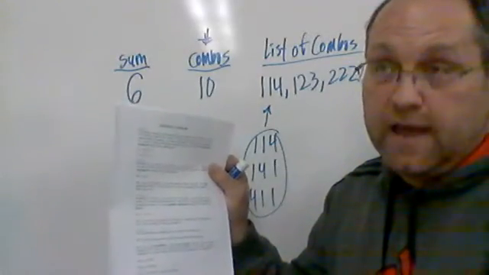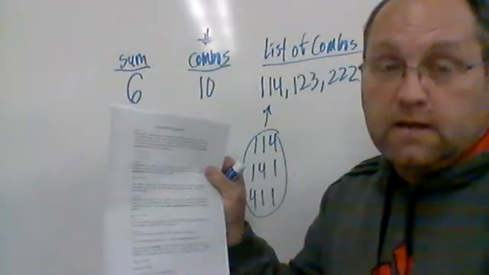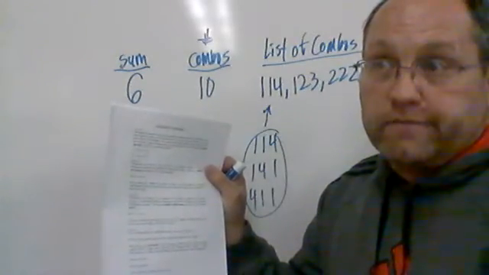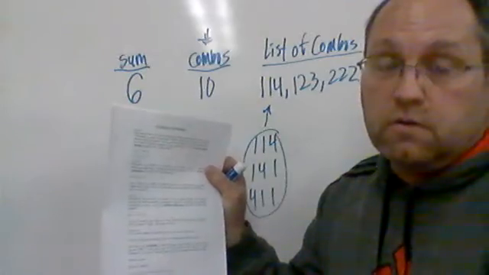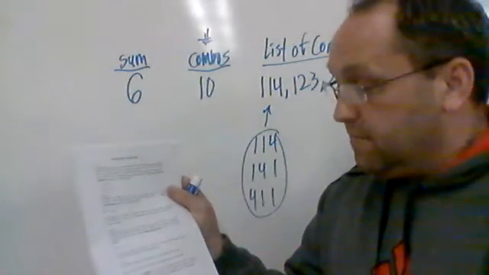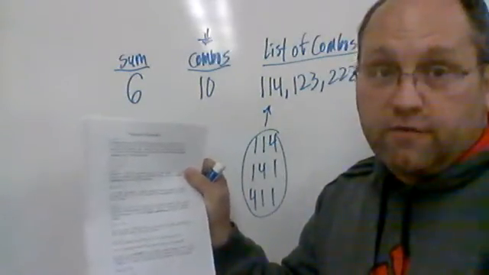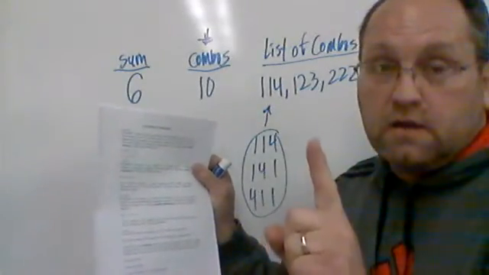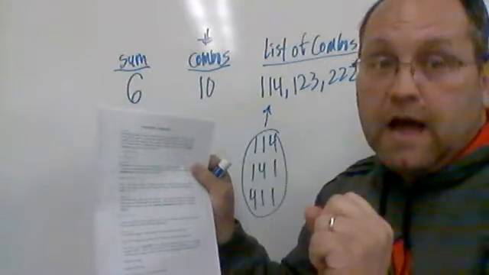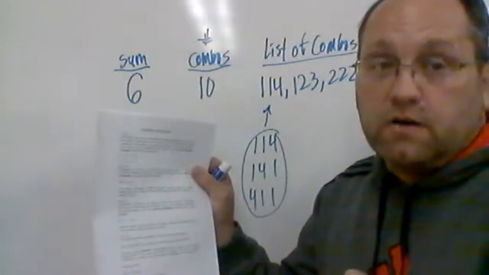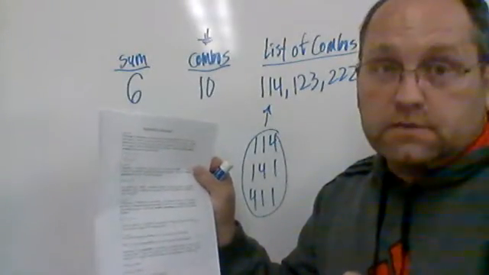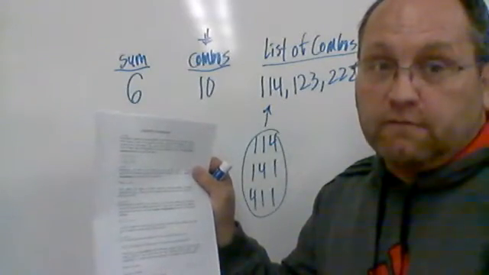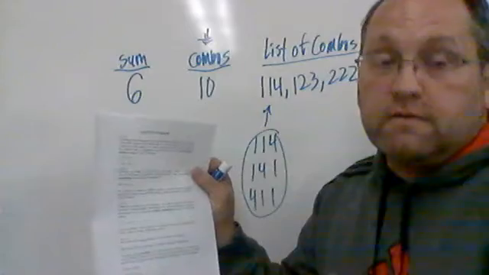Okay, so if we just look at one die, okay, what is the probability of, let's say, a number 3 being rolled? Okay, well, the number of events that are 3 is only 1. There's only 1 three on the dice. Okay, how many possible outcomes are there? There are 6. Okay, so what is the probability of rolling a 3? It's 1 divided by 6.